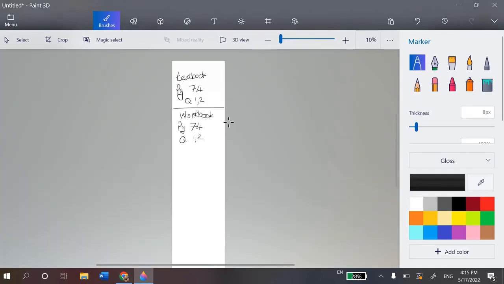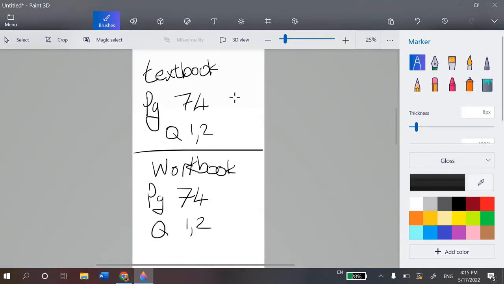Okay, so that is your homework. Textbook, page 74, question 1 and 2. Workbook, page 74, question 1 and 2. You should have time to complete it all now in class. Please do so and send to Google Classroom for me. I will check your homework. If it is not sent within 1 to 2 days, you will not get the points.